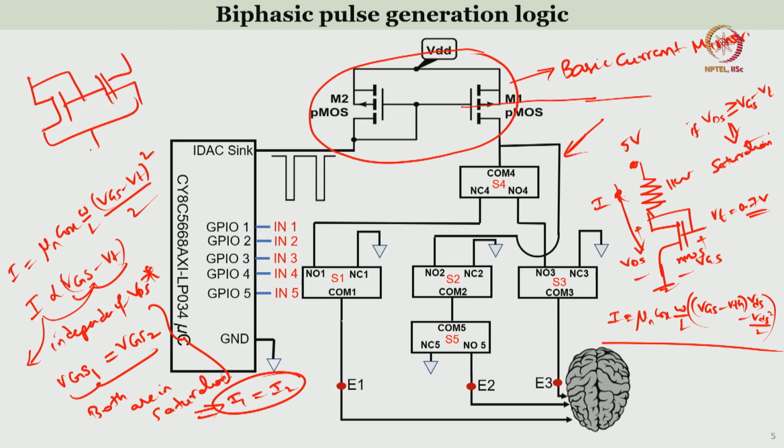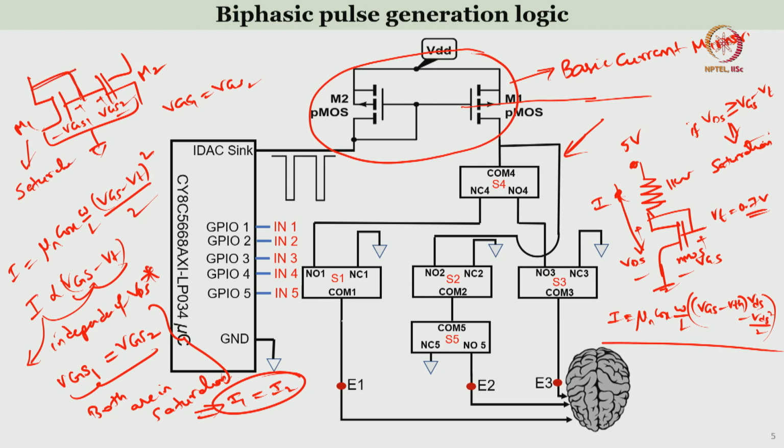Suppose I connect two transistors like this, okay. Let us say this is M1, this is M2, this is VGS1, this is VGS2, right. We are very clear that VGS1 is equal to VGS2, and we are also sure that M1 is in saturation already with this connection itself, okay.